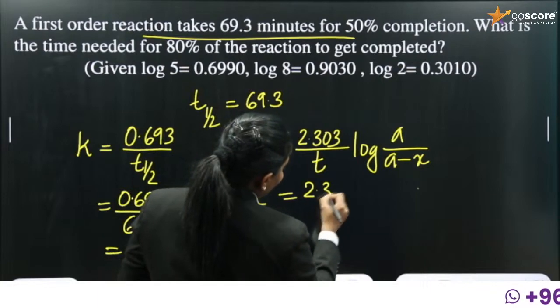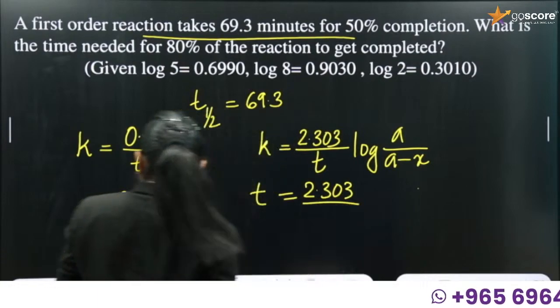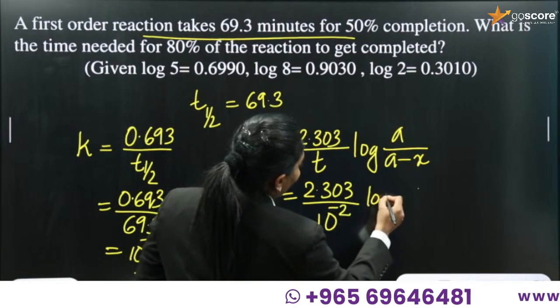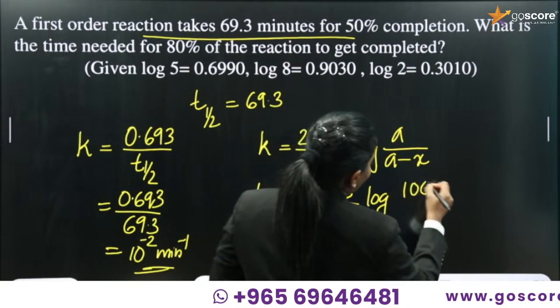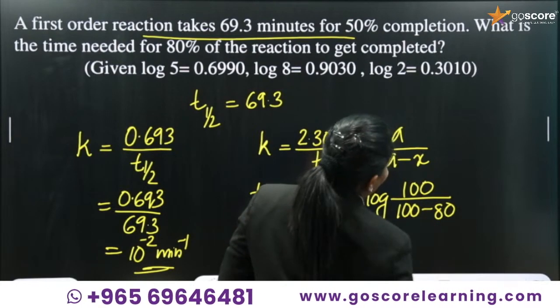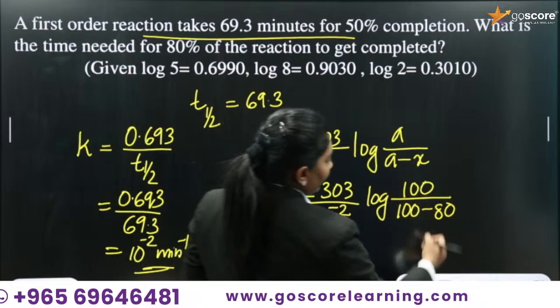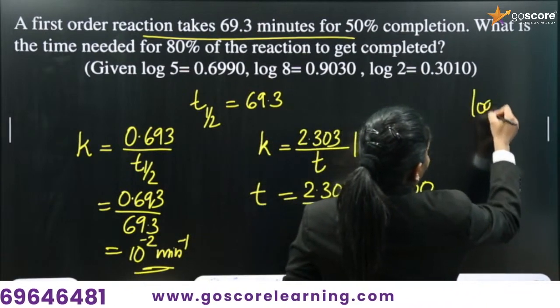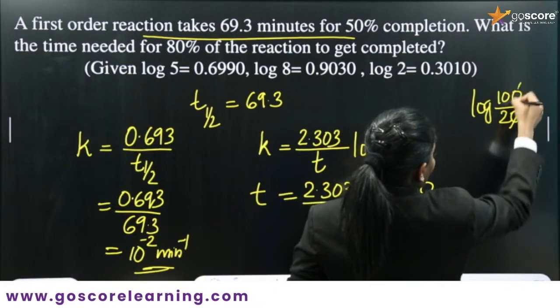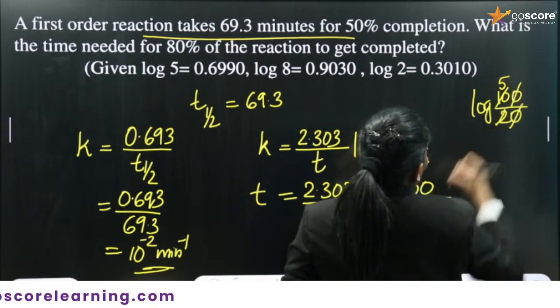T is equal to 2.303 by K, which is 10 the power minus 2, log 100 by 100 minus 80. Here we will get log 100 by 20. Then it will be log 5.